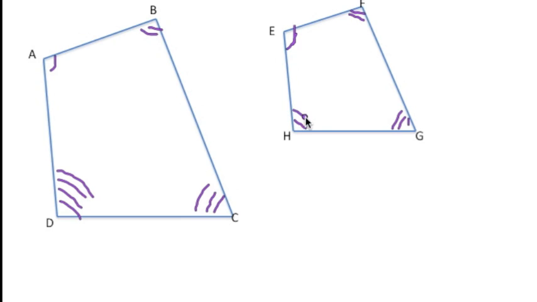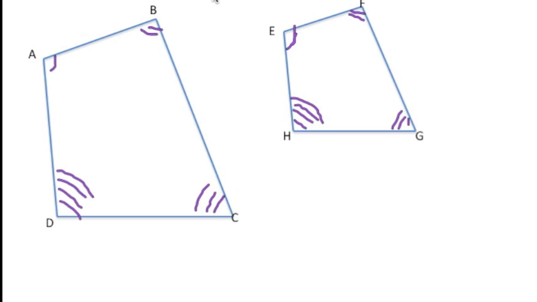So here we have the last angles, D and H. Those two angles are congruent. So we have the corresponding angles being congruent. What else is true is that the corresponding sides have to be proportional. Side AB has to be in a ratio with EF.